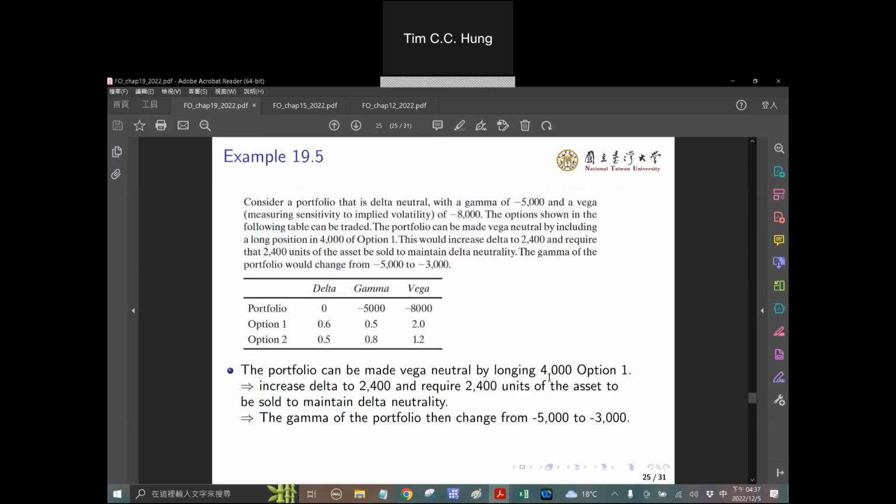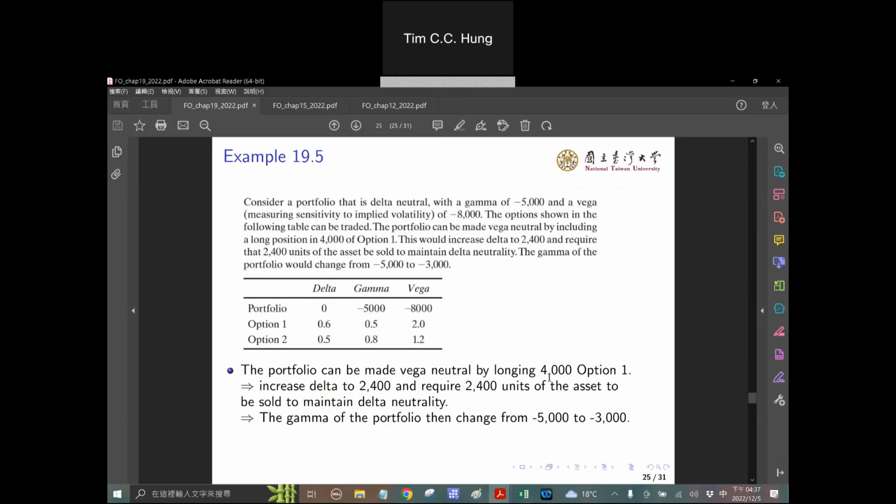However, by doing so, if you long 4,000 option ones, you also have a positive loading of delta now. Delta is 2,400. But fortunately, delta is not so hard for us to deal with because we can basically trade the underlying assets to retain a delta neutral position. So if we long 4,000 option ones, we cancel out the vegas.